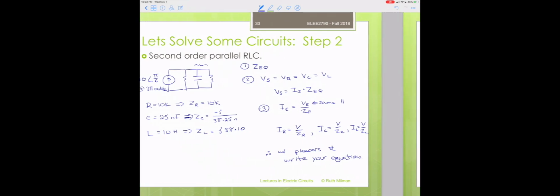Once you have all your phasors, you're ready to put your circuit together. So you take your phasors, you can write your equations. Whenever we deal with higher order circuits, we simply follow the 4 steps.